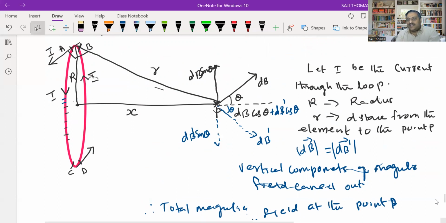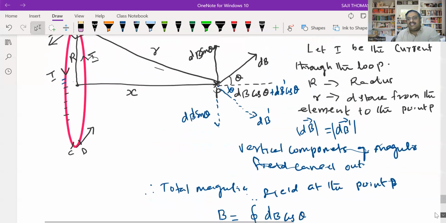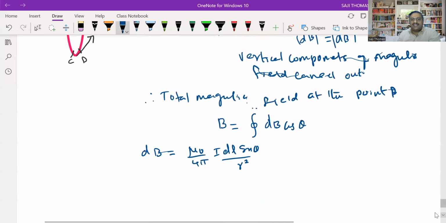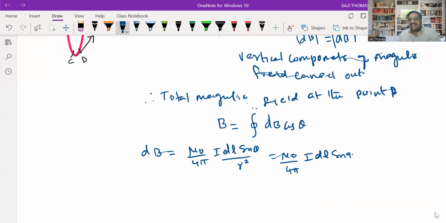So in this equation, theta is 90 degrees, and we can write mu 0 by 4 pi I dl sine 90 by r square. So the total magnetic field B, you have to integrate this.